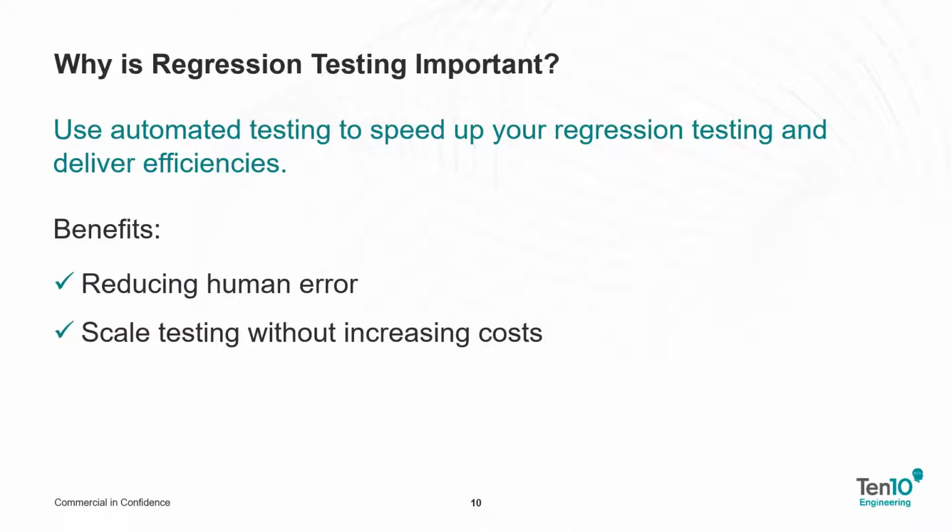Scale testing without increasing costs. As already mentioned, if the majority of the regression tests have been automated, then it is really easy to scale up those tests and run them against multiple devices and browsers without incurring extra weeks of resource effort. Automation can be run overnight or after work and can be interrogated and results documented without incurring lots of project costs.